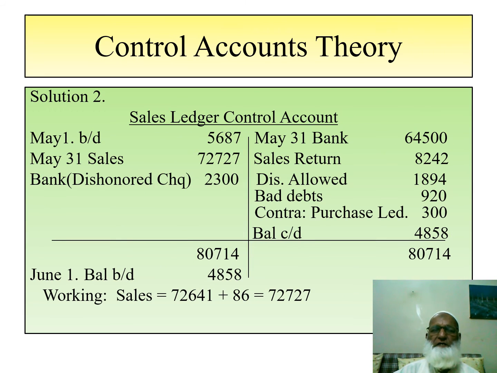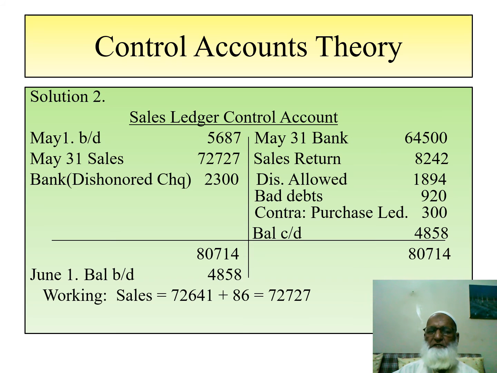Solution. This is the beginning of the solution. Sales ledger control account. Opening balance is 5687. You are requested to kindly go through the previous balances so that you can find out. Over here you would observe that bad debts is 920, as if you multiply 2,300 with 0.4, or 40 cents, you will get a figure of 920.